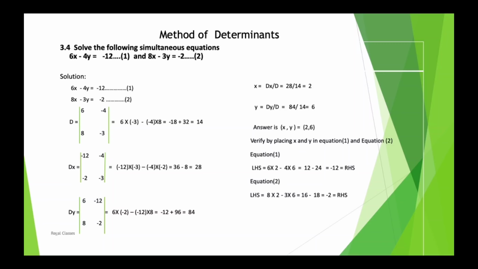This again, 6x minus 4y is minus 12, 8x minus 3y is equal to minus 2. Express D, dx, dy, write down the next, x is dx by D and y is dy by D. Very simple. Substitute the values back in the equations and make sure that they satisfy the equation.